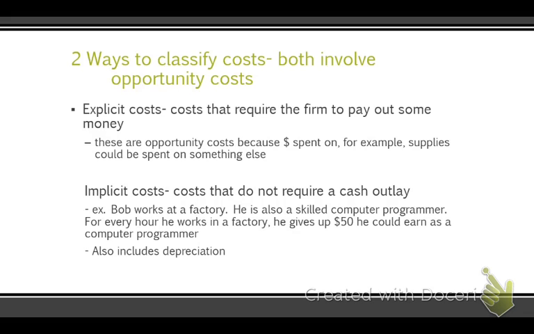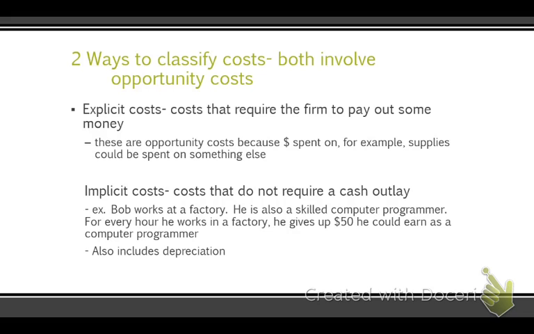Well, every year the value of the car or the truck is going to go down, right? That's depreciation, and so that's a cost that's happening without money changing hands.